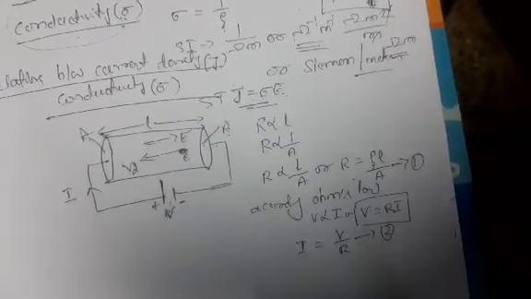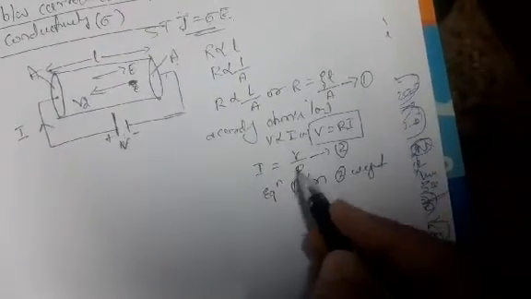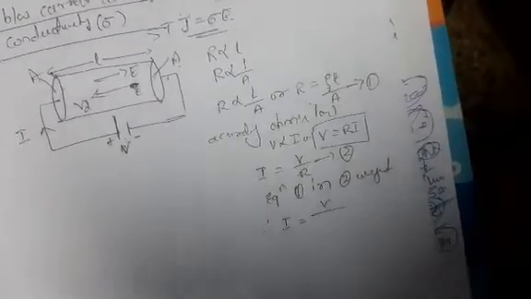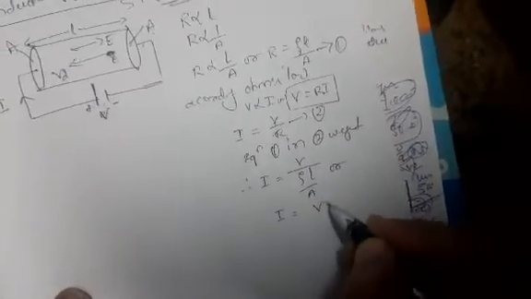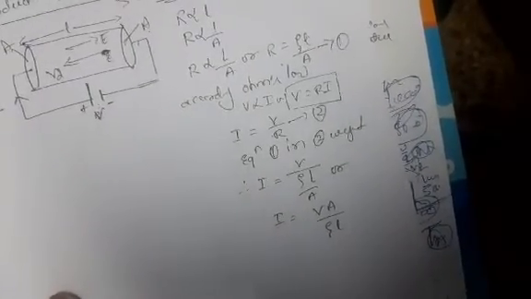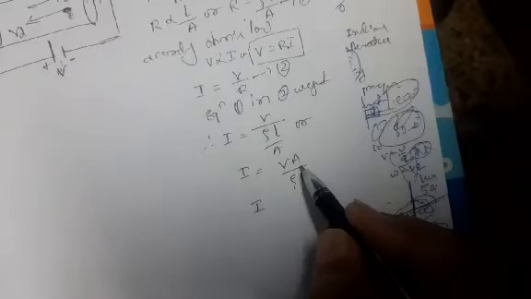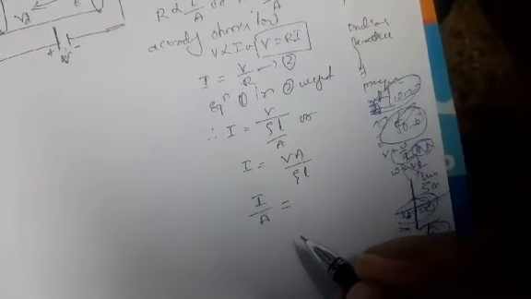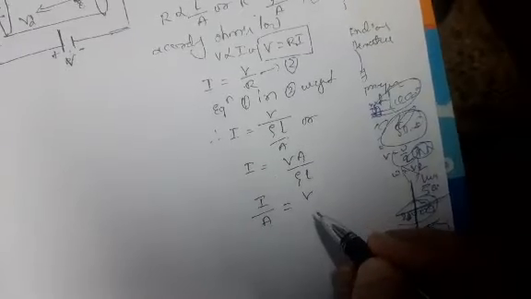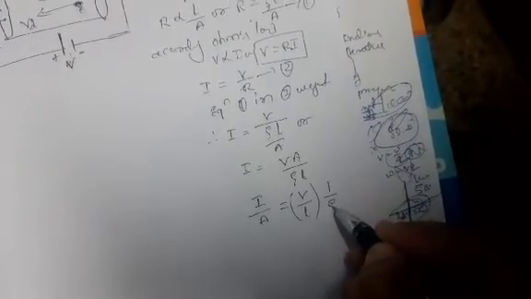Substituting equation 1 in equation 2, we get current is equal to V divided by rho L by A, or I is equal to VA by rho L. The area is shifted to the left side as its reciprocal, so current by area is equal to the potential difference V by L as it is, times 1 by rho, the reciprocal of resistivity.